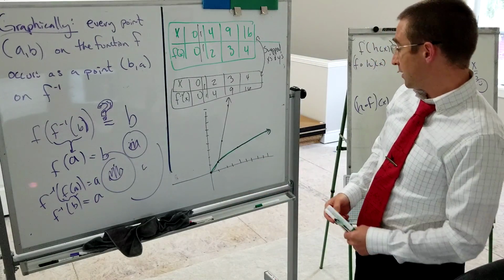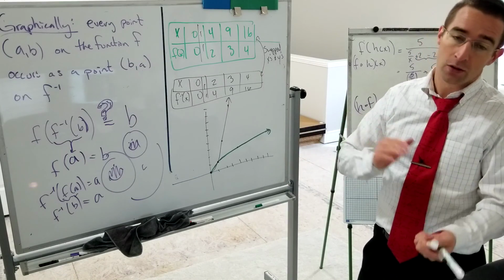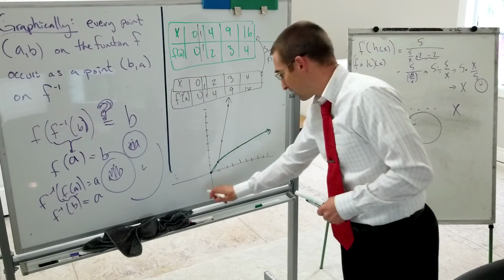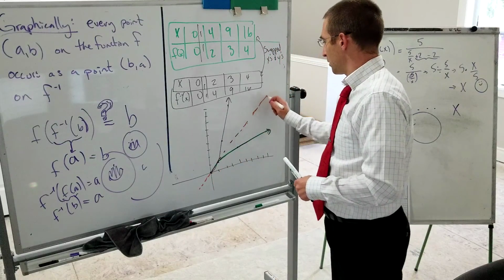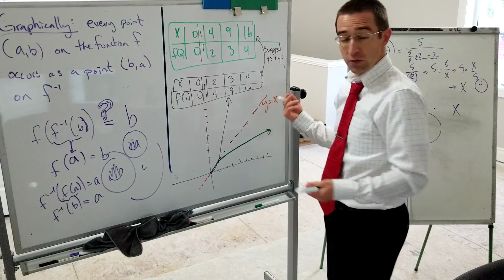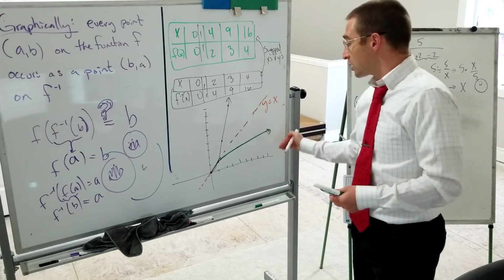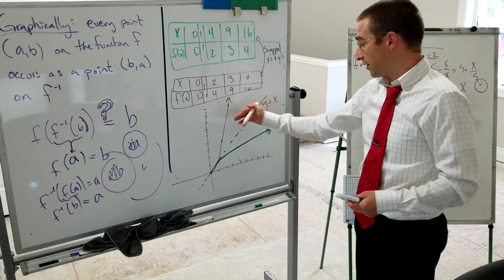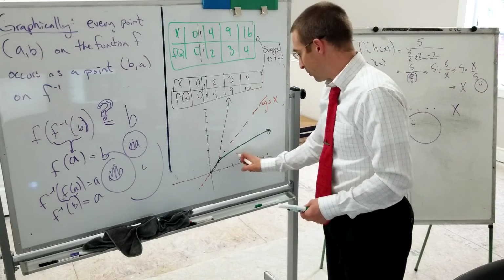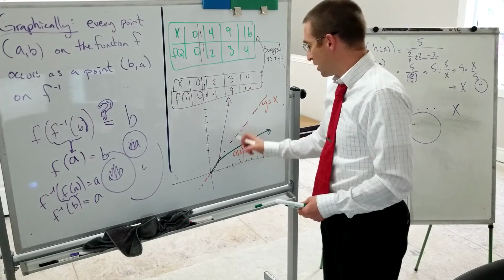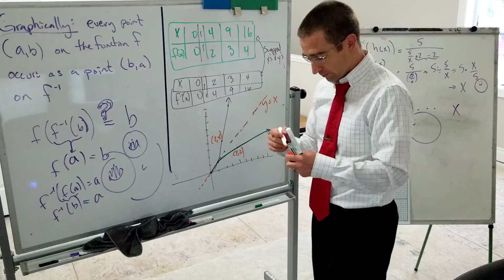It is a reflection over the line y equals x, which remember, like h of x equals x is our identity function. So if we reflect through that identity function, we get the inverse function. So like this point here, 4, 2, when I reflect in y equals x, that becomes 2, 4.